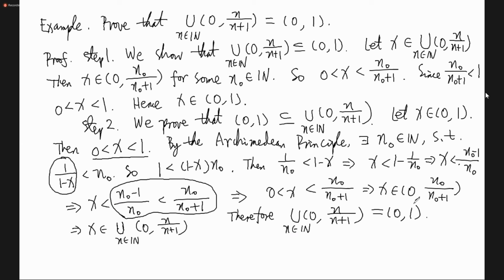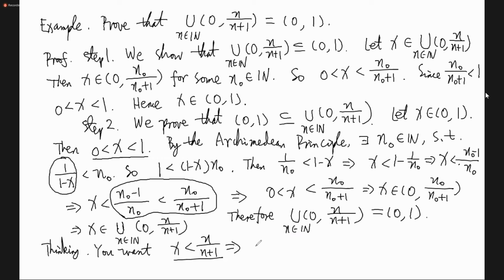But of course, when you try to figure out how to get this quantity, this is how you think about it. You want x to be less than n over n plus 1.